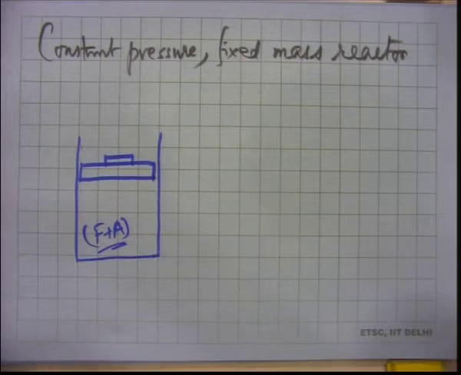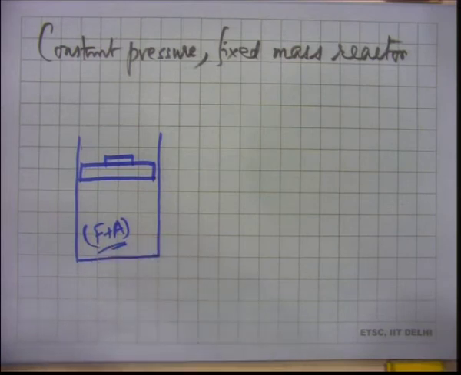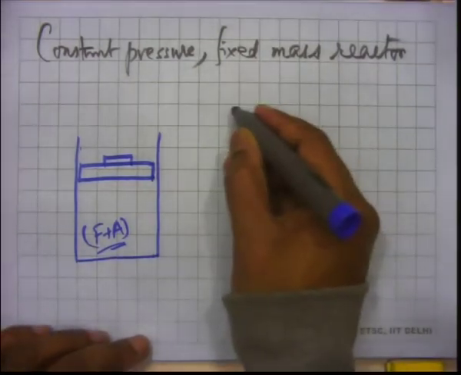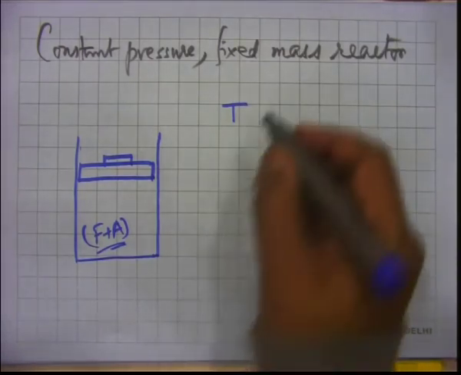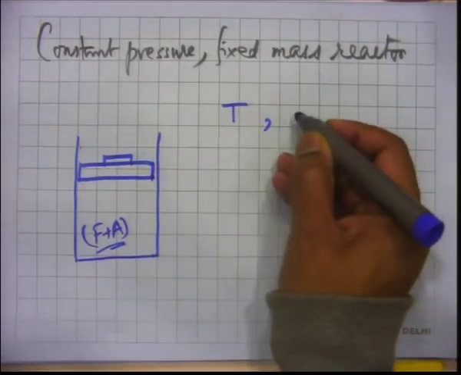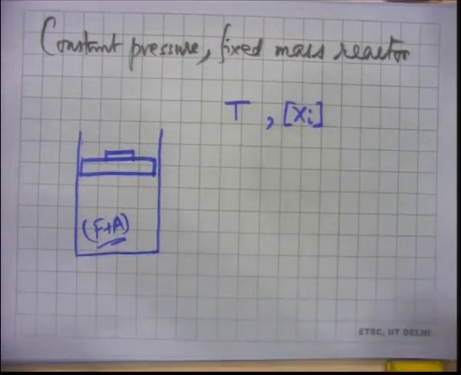Now, what are we interested in? So, we have this fuel and air mixture here, and if the conditions are right, then these will react and the fuel will burn and something will happen, right. So, we are interested in seeing what happens to temperature, okay, what happens to species concentrations.